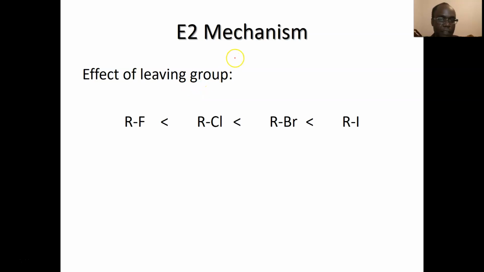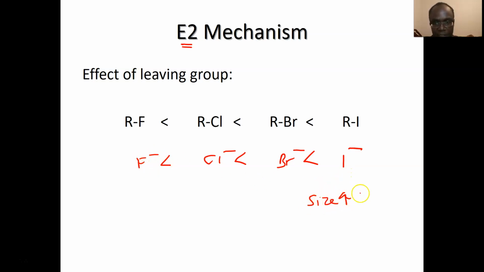Leaving group. Because E2 works with leaving groups, the better the leaving group, the faster the reaction. So obviously I minus is a better leaving group than Br minus because of size, which is better than Cl minus, which is better than F minus. I already said that if the size is big, then the leaving group is happy. Okay, so bigger size, happy leaving group.